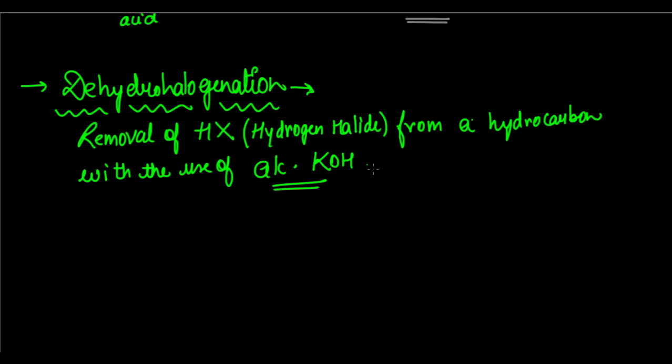So KOH, which is a solution of KOH along with some alcohol. So with the use of alcoholic KOH, we remove hydrogen halide from a hydrocarbon.